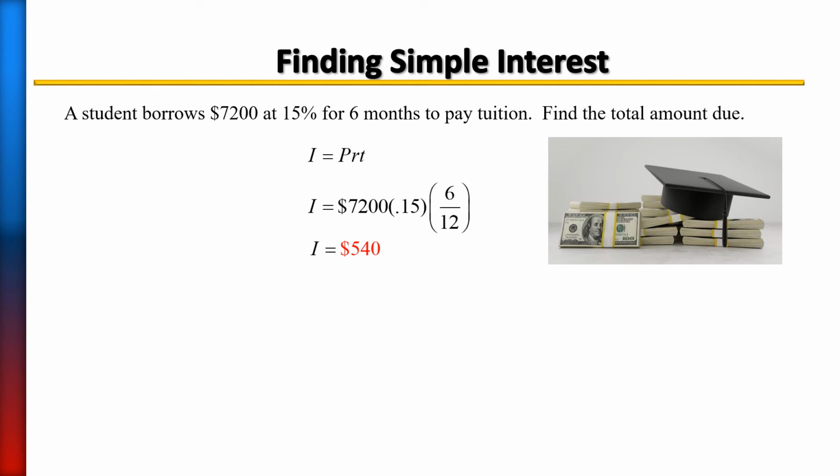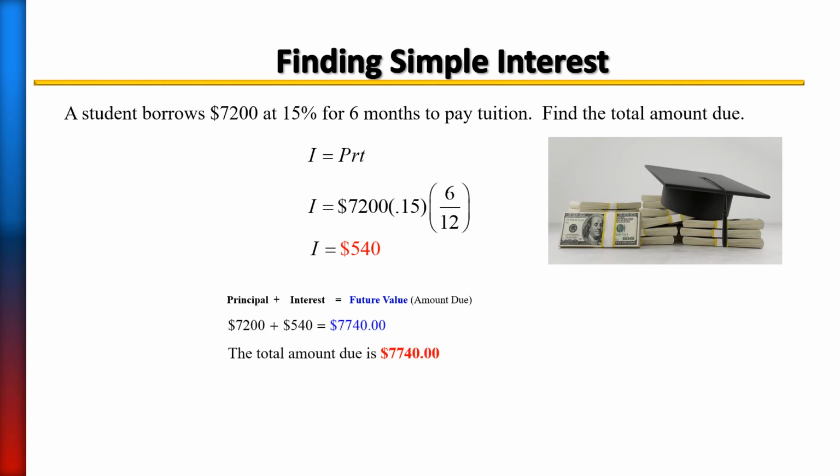To find out how much is due after those 6 months, this student borrowed $7,200, so it's going to be that amount plus $540 interest, which means that at the end of the 6 months, this student is going to be looking to repay $7,740. And there you have it, simple interest.